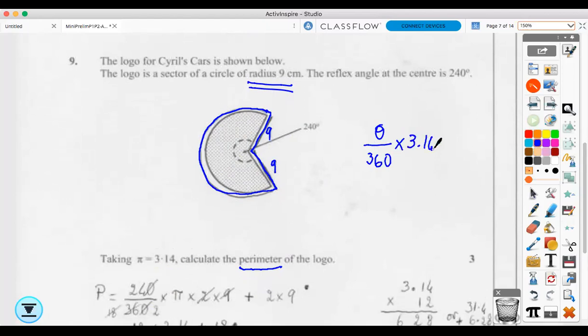So you put 3.14, and d is just 2 times 9, which is 18. So that would be the outside, and then you add to this 2 times 9, plus 9 if you want. So this is the bit that you needed to calculate, because adding 18 is quite straightforward.